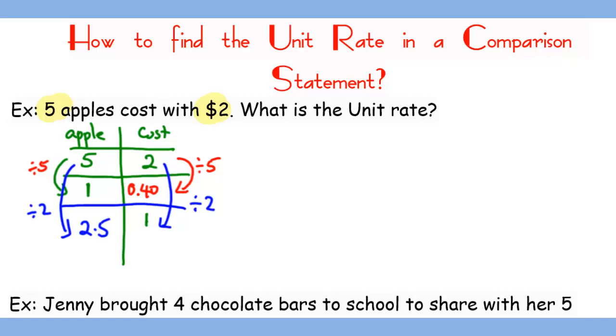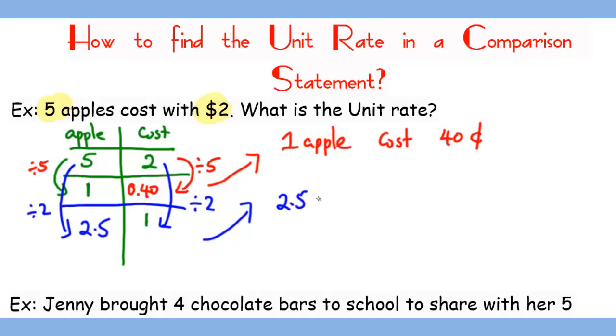Now let's write both unit rate statements and you tell me which one makes more sense. For this statement, it means 1 apple costs 40 cents. And this statement means 2.5 apples cost $1.